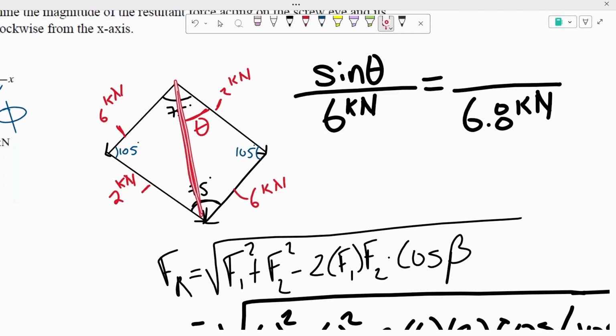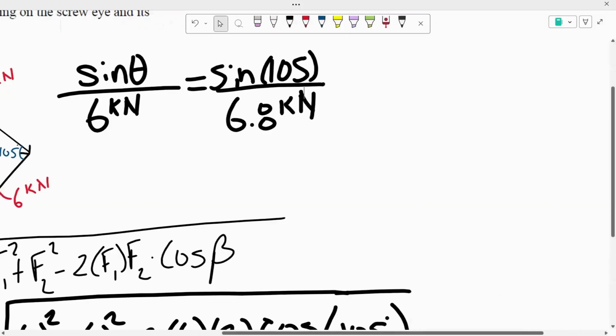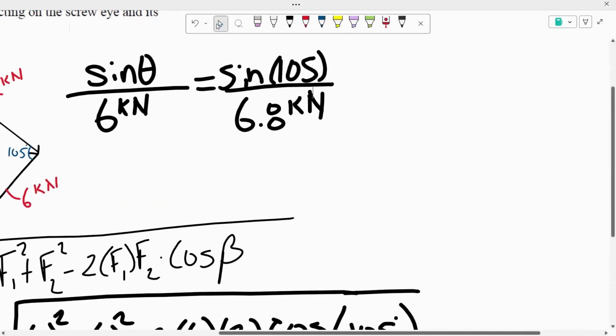So what's the angle opposite to that? It's the 105. So sine of 105. Now all we have to do is solve for theta.